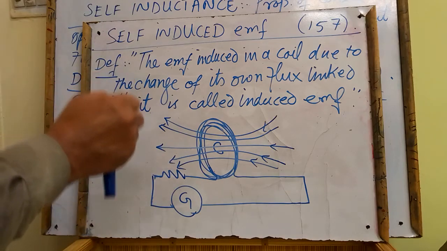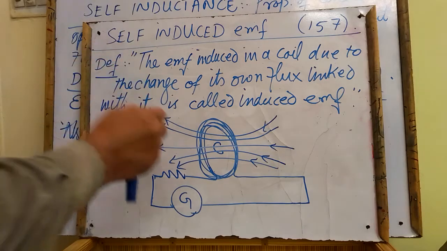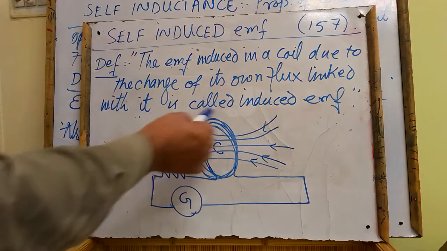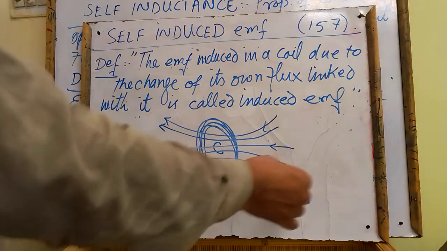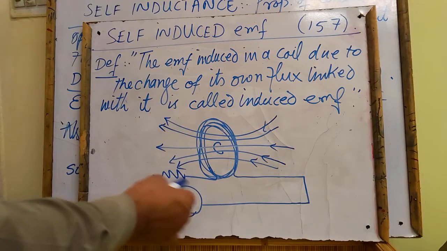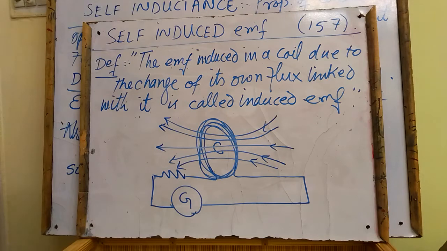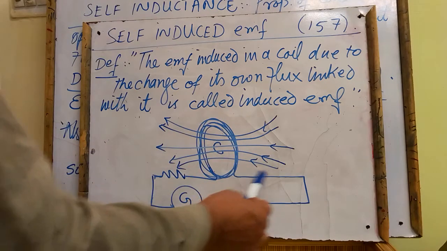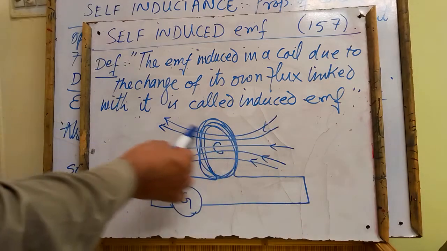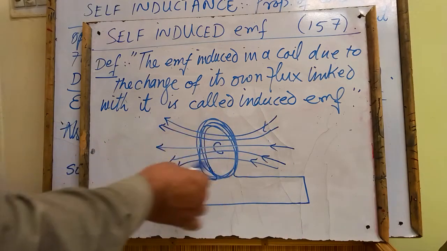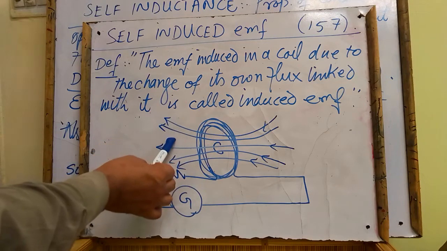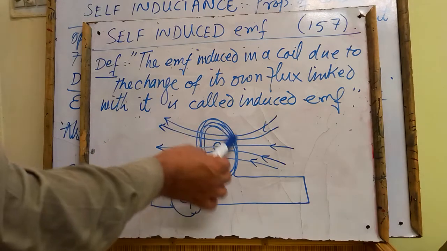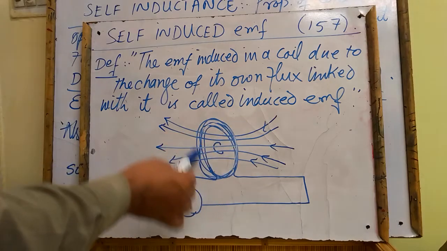So it is concluded that when the current flowing through the coil changes, which is shown by the indication of this galvanometer, this magnetic field will also be changing, and because of the change of this magnetic field, an induced EMF will be produced here.